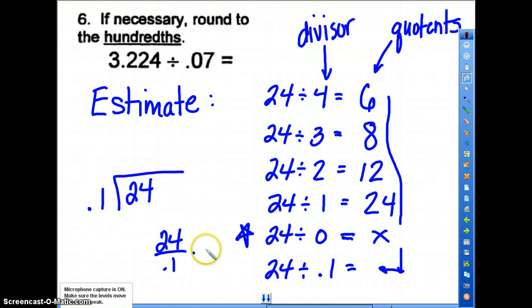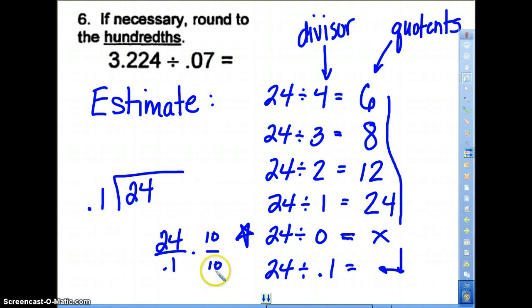Well, what if I multiply it by 10 over 10? 10 over 10 is 1. So I'm still multiplying by 1. But when I multiply by 10, that makes this number down here 1 instead of 0.1. Of course, that makes this up here 240. So that's why we do this.